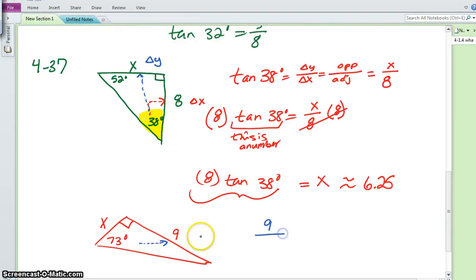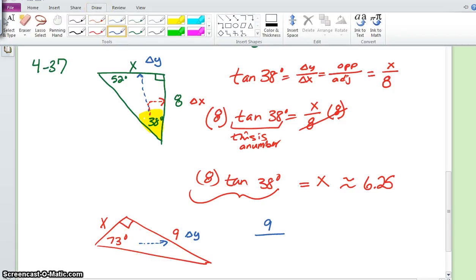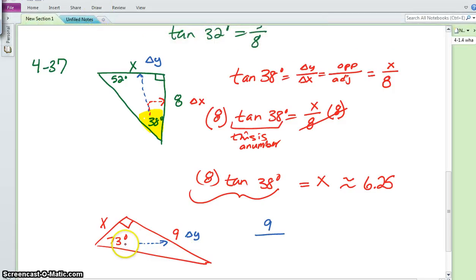So 9 is my change in Y. Adjacent to 73 is X. There's my change in X. For this example, 9 over X is the tangent of 73.